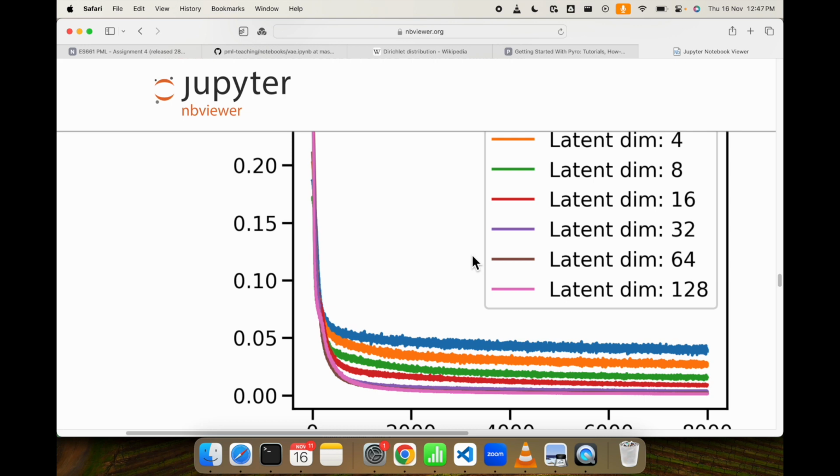Which is expected because now you're giving it more leeway. But you have to be careful about this. This is just the reconstruction loss over the train set. If you were to look at the reconstruction loss over the test set, that may not give you this pattern. That may have a pattern where the losses start increasing for higher latent dimensions.